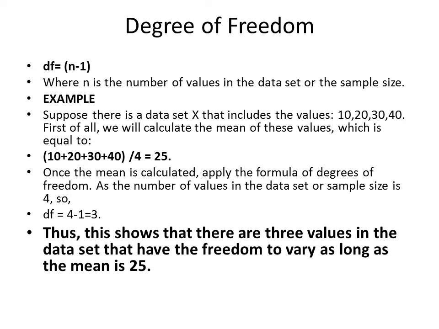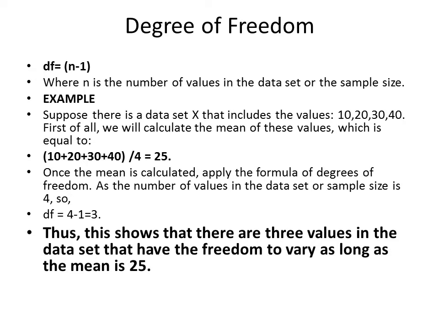What degree of freedom says is that 3 values in this data set can vary while keeping the mean 25. 3 values can vary, but the mean should not be changed.